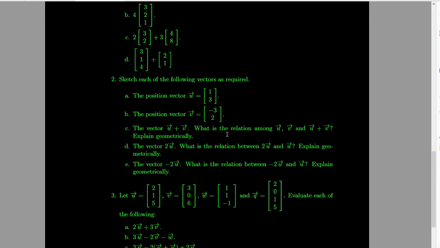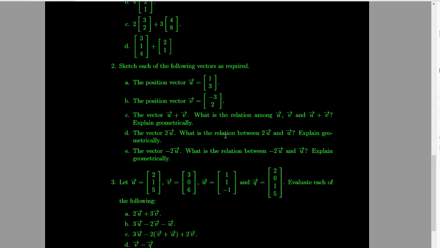Okay, now let's work on question 2. I think question 2 is designed to illustrate the geometric meaning of addition and the scalar multiplication.